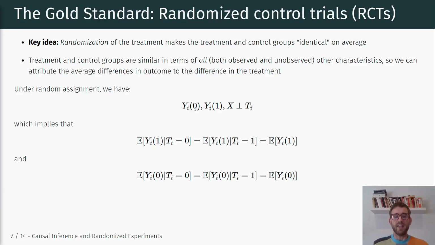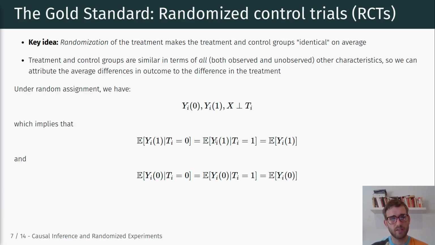Okay. If that is the case, if the potential outcomes and any other characteristics are independent of the treatment, then one thing that we can say is that the potential outcomes in the treatment group on the left here, for people who are assigned to the control, these are the potential outcomes that we cannot observe because of the fundamental problem of causal inference, but we know that the expectation of those is equal to the expectation of the potential outcomes in the treatment group that we can observe, or the factual outcomes.